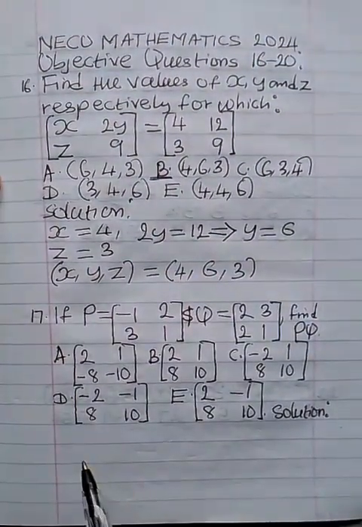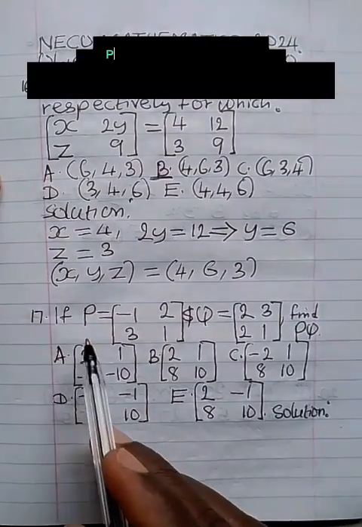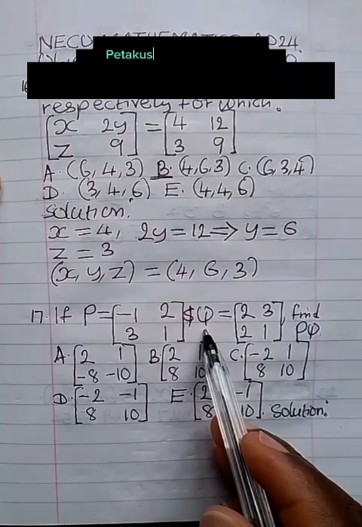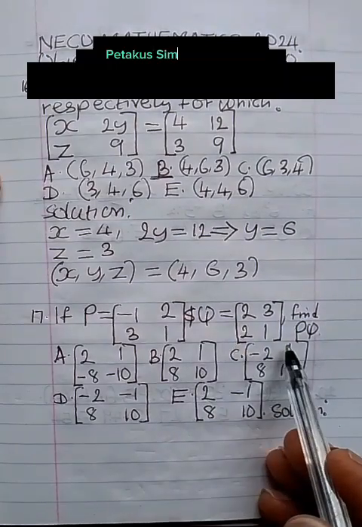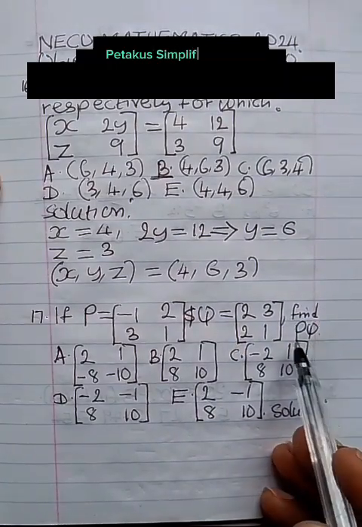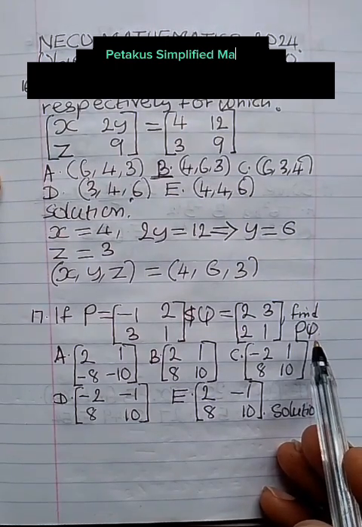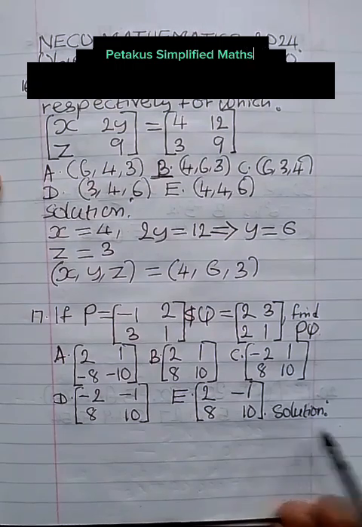Question 17. If P is equal to this matrix, Q equal to this matrix, find PQ. That is the product of the two matrices.